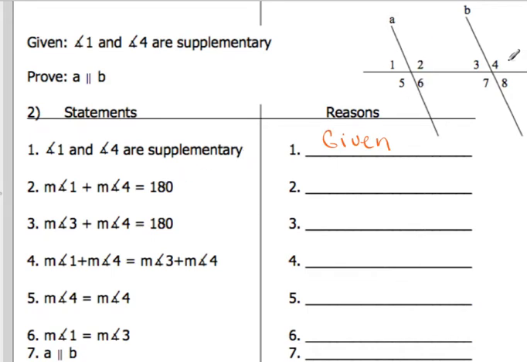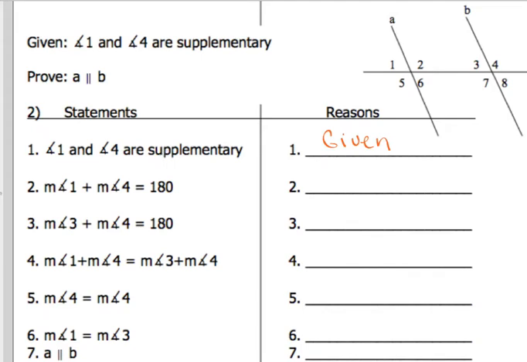The 1 and 4, they're not the same side interior pair. So I can't use the fact that they are a same side interior pair to go straight to my parallel line. So I have to find a different route. And so to find that route, what I'm going to have to do is work through angle addition here, and the fact that supplementary means 180.